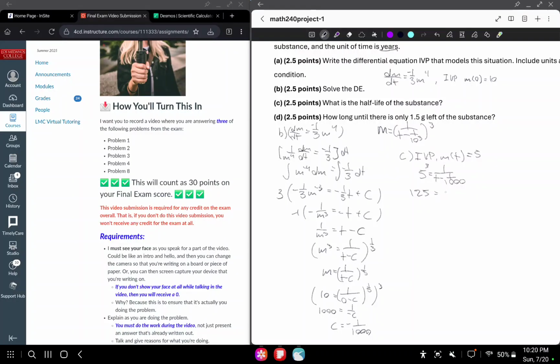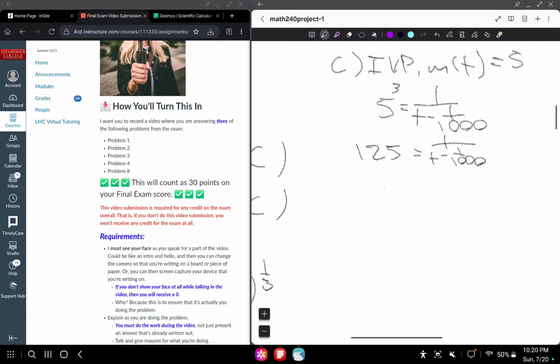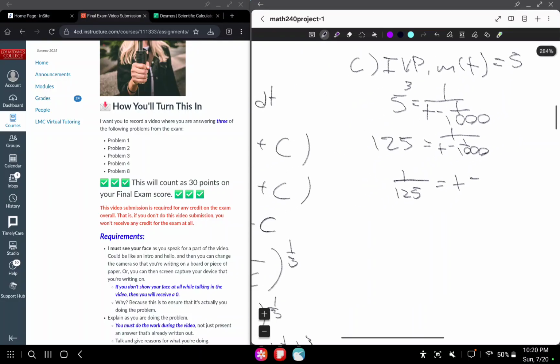So 125 equals 1 over t minus, flip this around, so 1 over 125 is equal to t minus, this is a minus minus, so this becomes a plus.